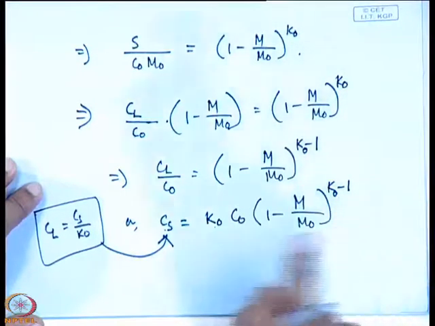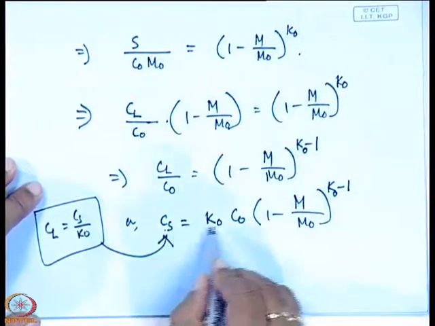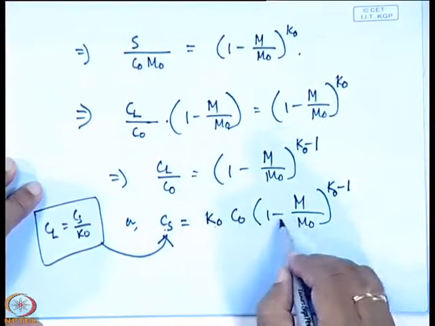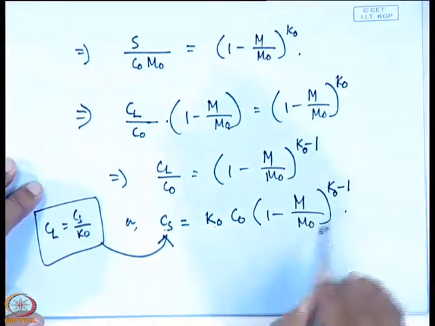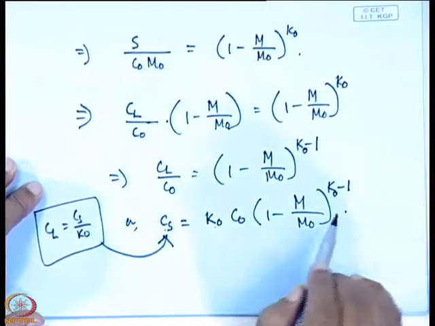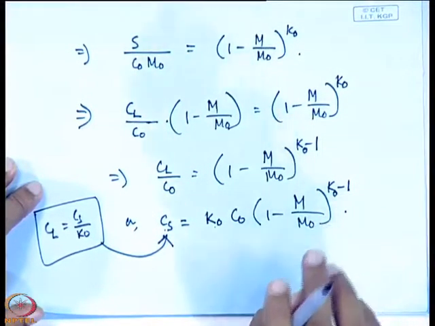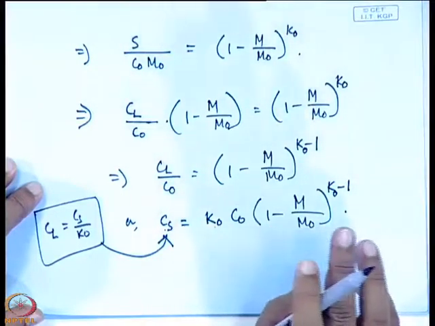So, this is the dopant distribution in a crystal in terms of the segregation coefficient.